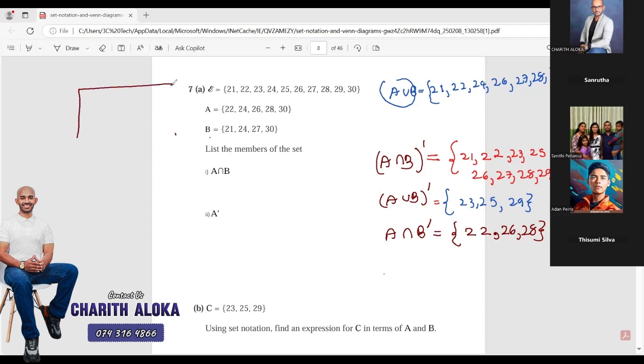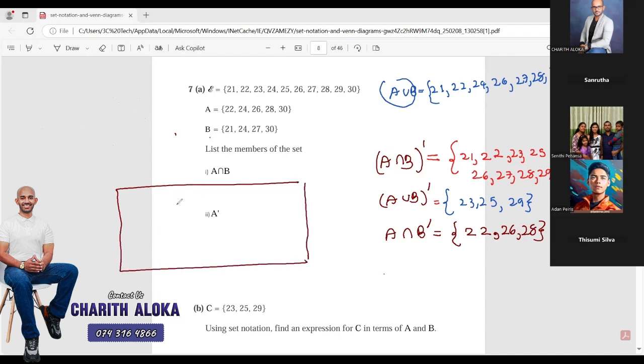This is the universal set. I'll get the universal set like this. A, and there's an intersection for B. We can include them inside the common region as 24, 30.